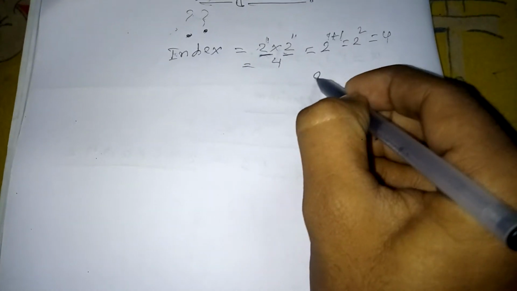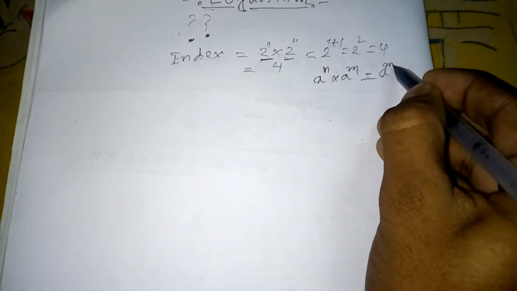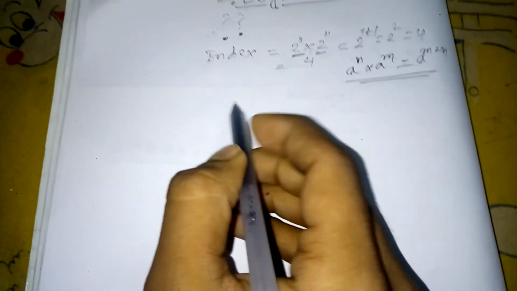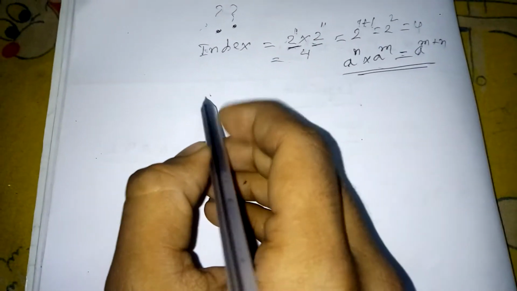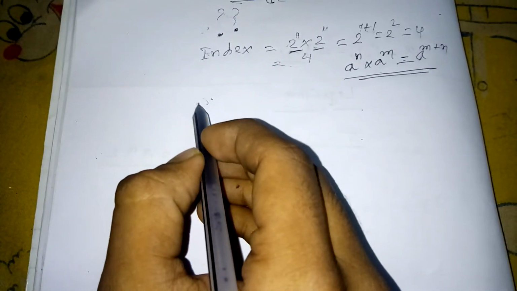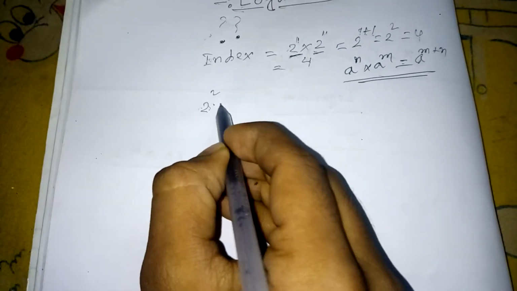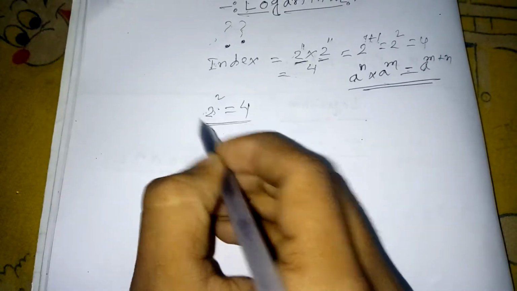So this was the famous formula: a to the power n cross a to the power m equals a to the power m plus n. This was the formula. So likewise, that was our index. As we are now discussing log, from here we can write 2 square is equal to 4. It was our index relation.